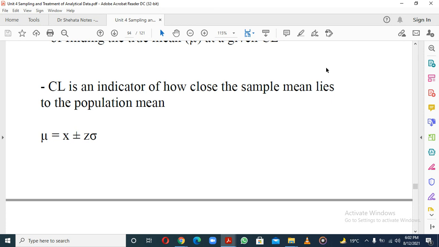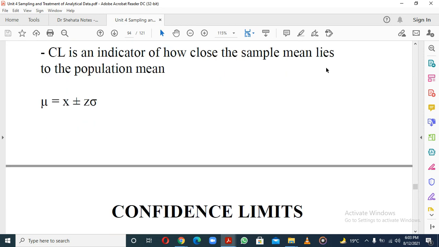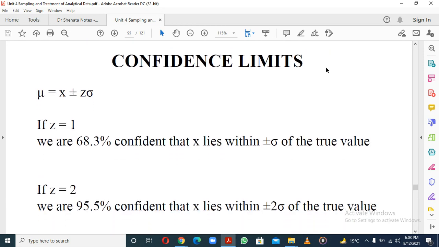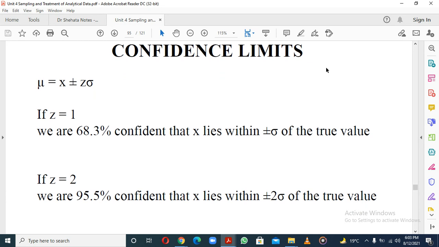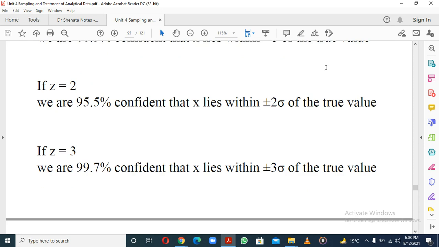So that plus or minus is giving us that uncertainty I talked about. The confidence level is a good measure of how close the sample mean is to the population mean. These are things we discussed, if the z is 1, and we looked at this with very wonderful diagrams yesterday. Perhaps you would remember.